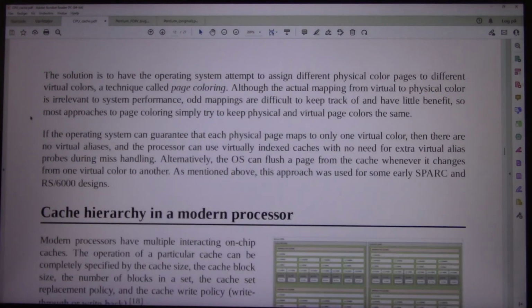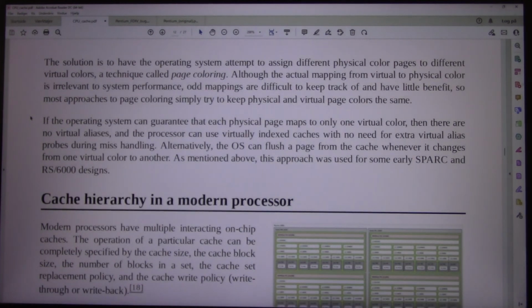The solution is to have the operating system attempt to assign different physical color pages to different virtual colors, a technique called page coloring. Although the actual mapping from virtual to physical color is irrelevant to system performance, odd mappings are difficult to keep track of and have little benefit, so most approaches to page coloring simply try to keep physical and virtual page colors the same.